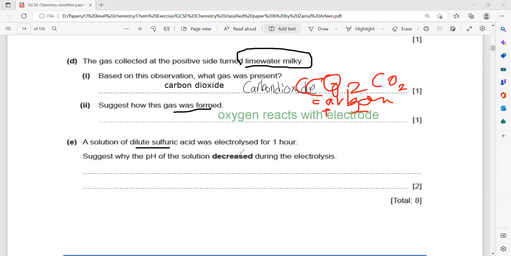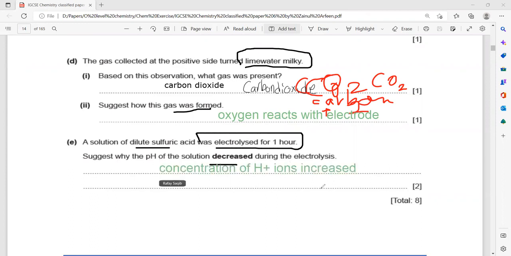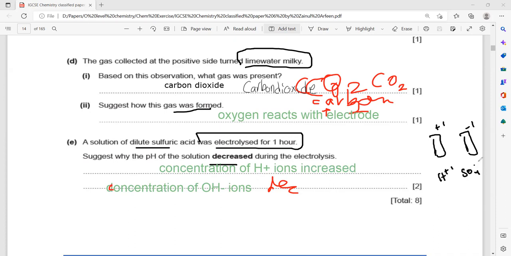A solution of dilute sulfuric acid was electrolyzed for 1 hour. Why does the pH of the solution decrease during electrolysis? We are doing electrolysis for a very long time, and eventually the pH is decreasing. Why? Because the concentration of hydrogen ions, or the concentration of sulfuric acid, is increasing. When we do electrolysis of sulfuric acid, which contains H plus ions, SO4, H plus and OH minus, the H plus ions move towards the cathode and OH minus moves towards the anode.